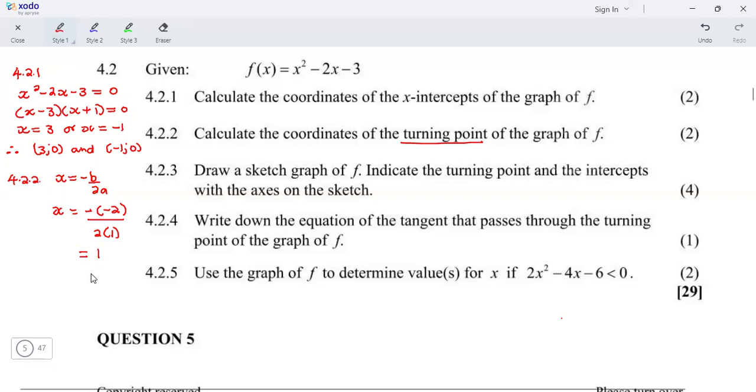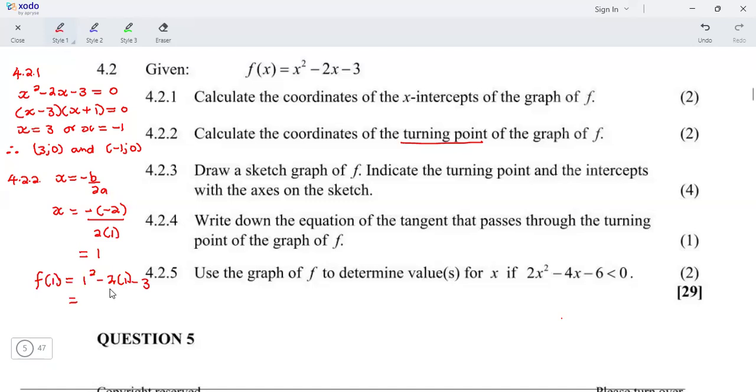Now we need to find the y value. So we're going to say f at 1. So we're going to have 1 squared minus 2 into 1, and then minus 3. So then now this is going to be what? 1 minus 2, which is -1, minus 3, which is going to give us -4.